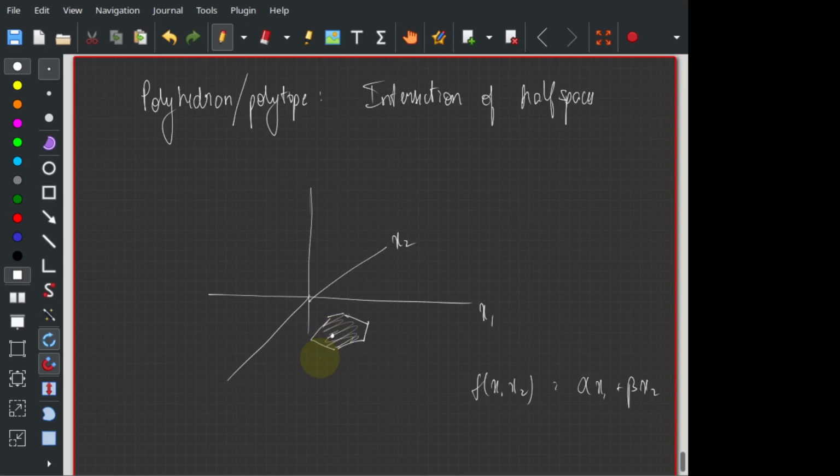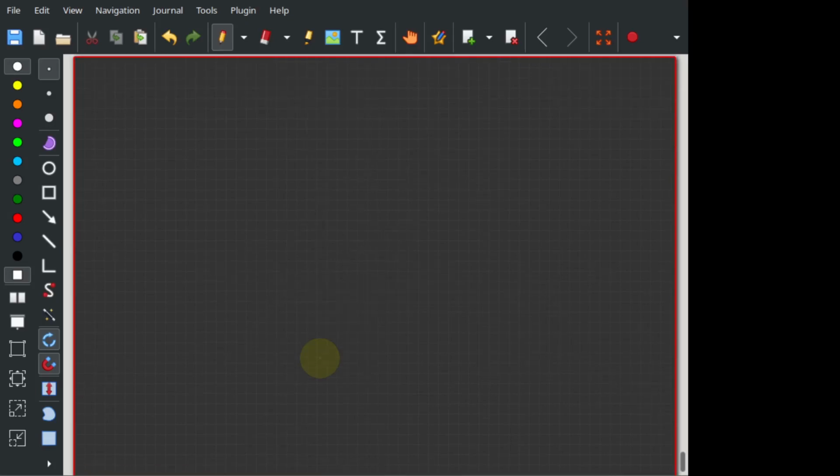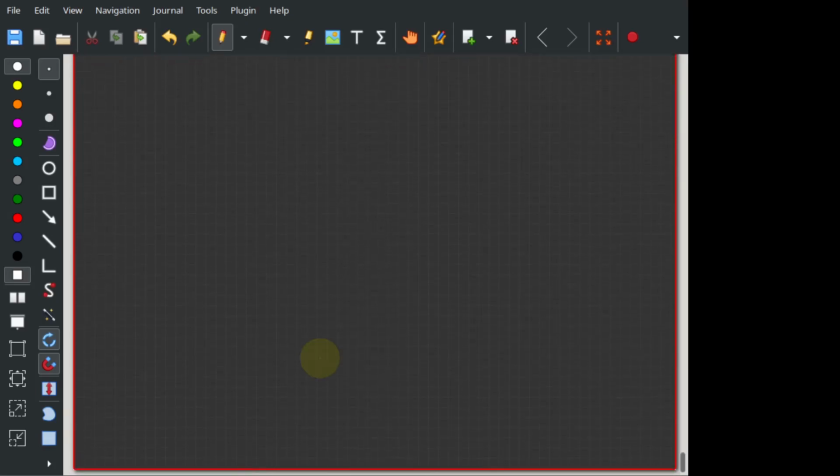So maybe to visualize, let us just take a function of R. Simple case. So what is a linear function? It's some straight line. This is f of x, and this is x. And my constraint is what? It basically corresponds to some interval.